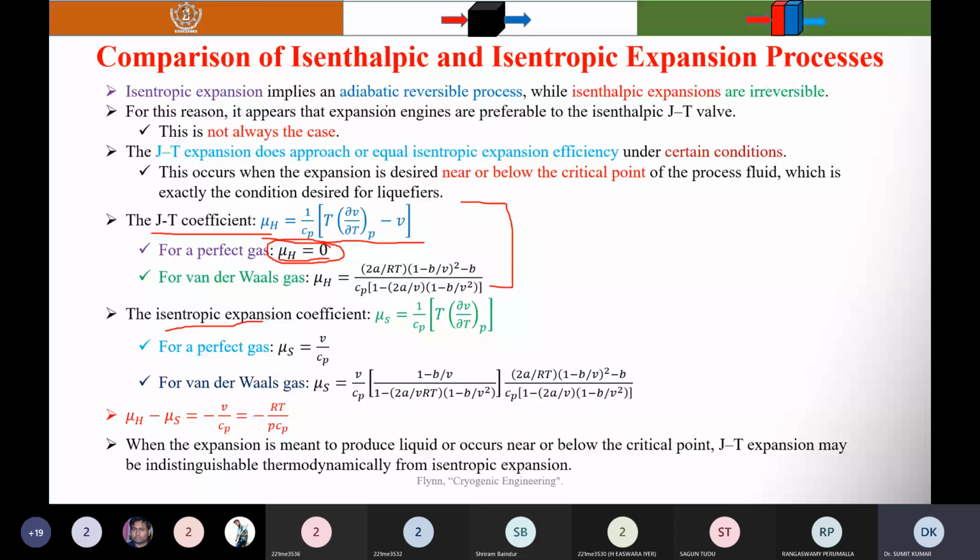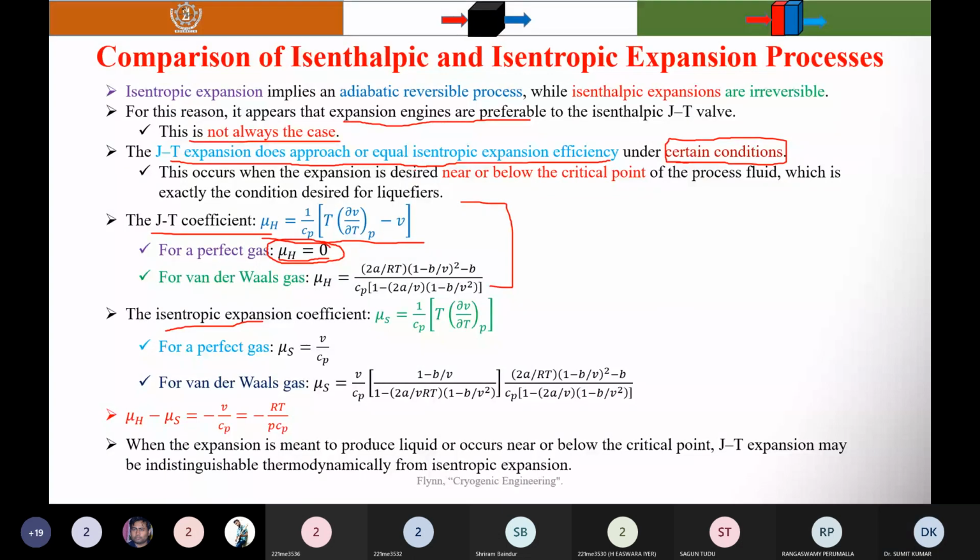For this reason it appears that expansion engines are preferable, since they work on a reversible process and are more efficient than the isenthalpic JT expansion. But this is not always the case. JT expansion does approach or equal isentropic expansion efficiency under certain conditions. What are those conditions? That I am going to discuss here.